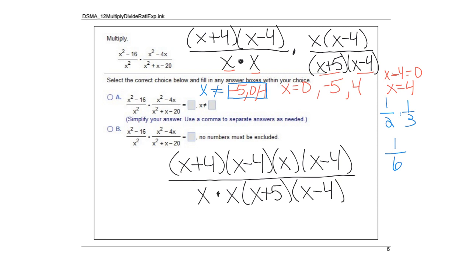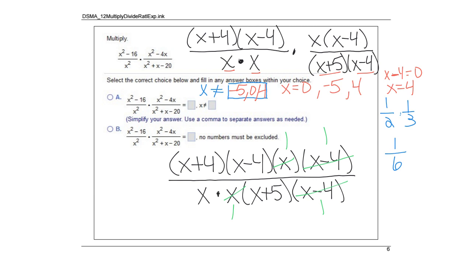When we multiply fractions, we multiply the numerators, we multiply the denominators. And now we can clean up. So we know we have an x minus 4 on top and bottom here, so we can divide those to get 1. Looks like we have an extra x here. That's about it. I don't have anything else in common.